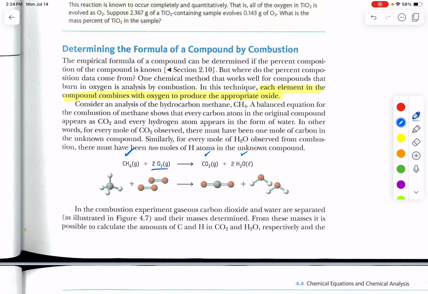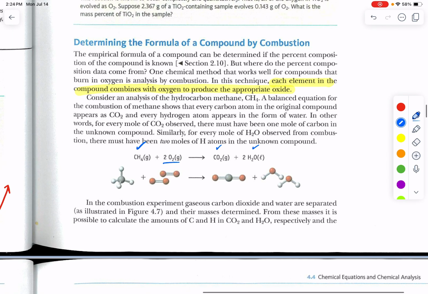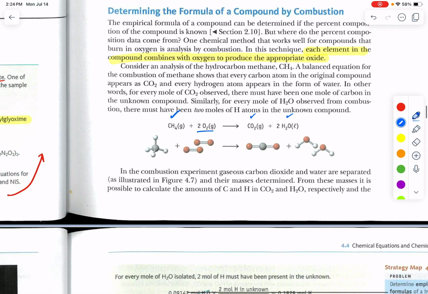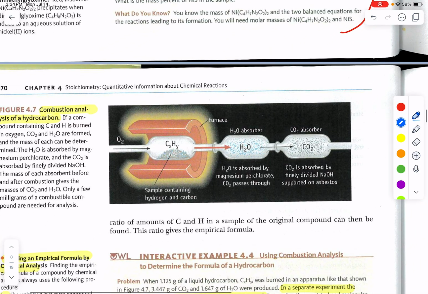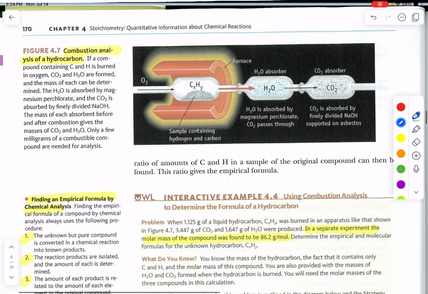And so as we go ahead and look at this in some sample problems, this is what the technique kind of looks like. You would have a furnace right up here, which would surround the container that contains your unknown hydrocarbon. So here's your unknown hydrocarbon. We're calling it CxHy, and our goal, of course, is to find what is x and what is y.